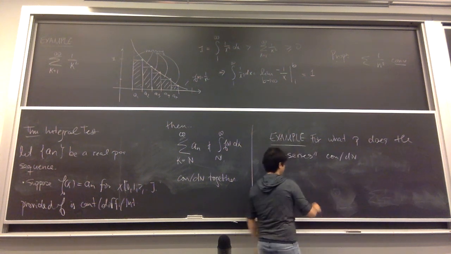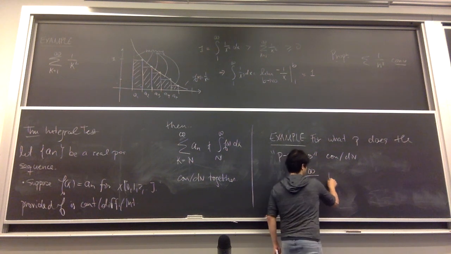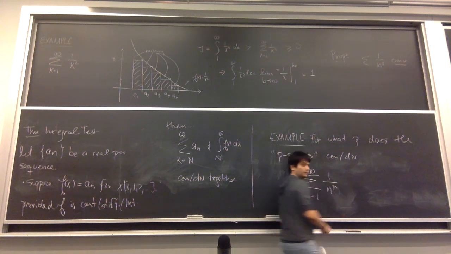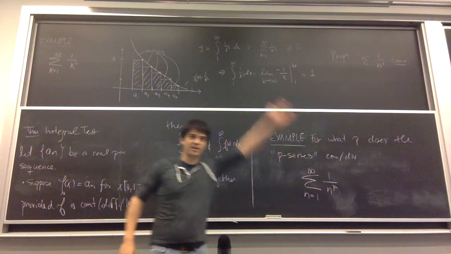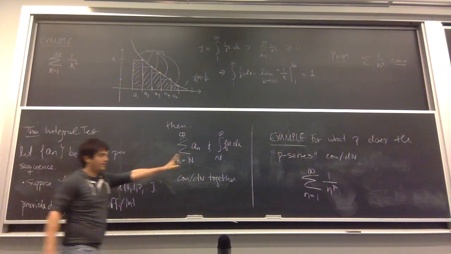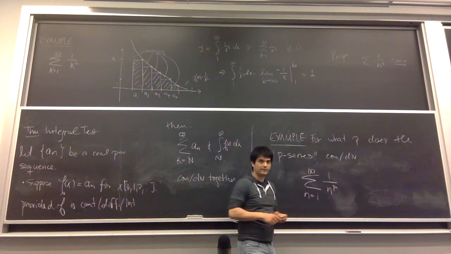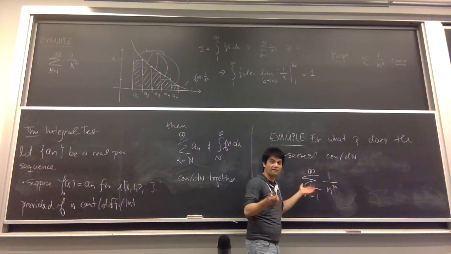The p series is this: one over n to the p. So the p series for p equals 1 is called the harmonic series. That's a special case, and you already know that it's divergent.